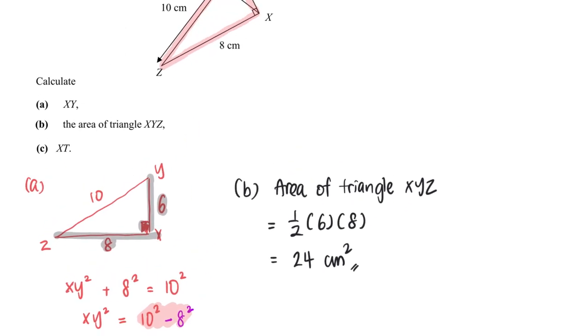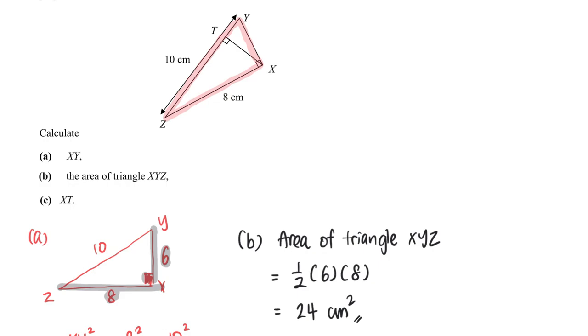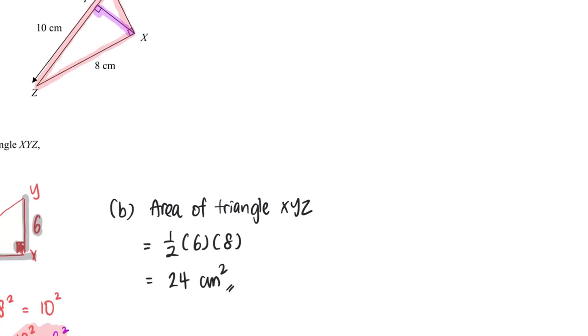Let's go back to the question, and the question required us now to find this length XT. So I am going to redraw this question again for part C. I will just write it down here.